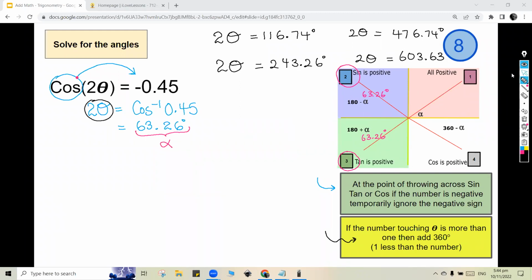So we end up with 4 possibilities. Remember, we want to solve for theta. So you know what you have to do now? You have to solve for theta, which means each of these answers you throw across and multiply to get a divide.